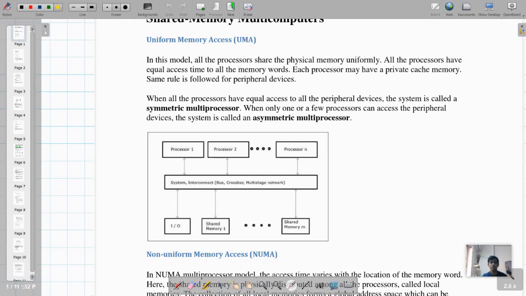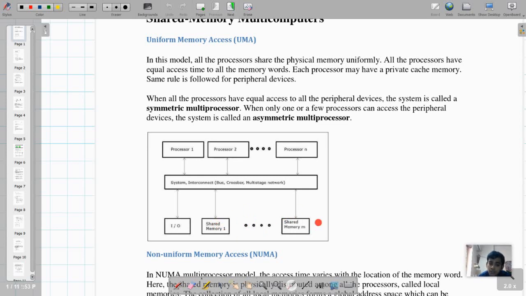Just as a beginning, look at the statement. In this model, all the processors share the physical memory uniformly. All the processors have equal access time to all the memory words. That means if you look into the diagram, you can see there are n number of processors and there are n number of memory elements.